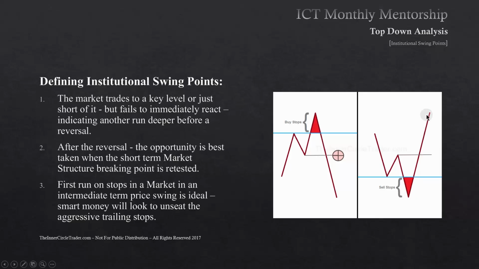The market, if it does give you an opportunity to come back down into this breaking point, we can be a buyer here, with the exception that there may be a bullish order block over here. It doesn't have to come back down to this level, just like it doesn't have to come all the way back up to this level. It could just come right back up to an area over here where there would be another order block to trade off of.